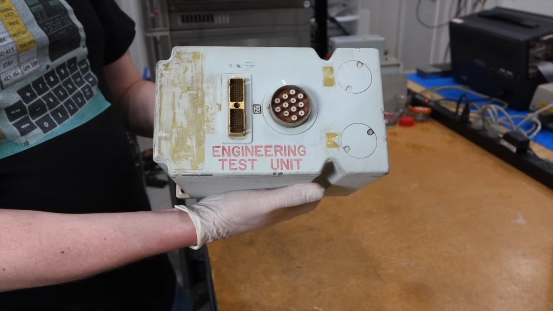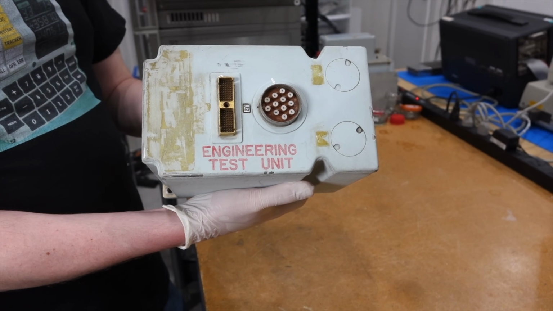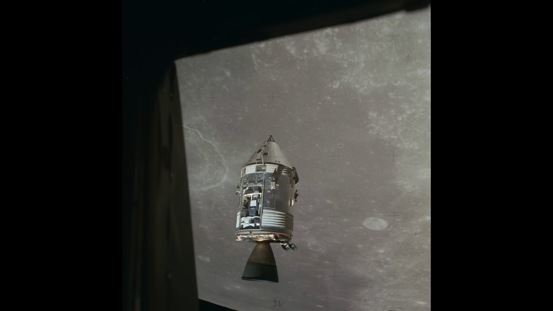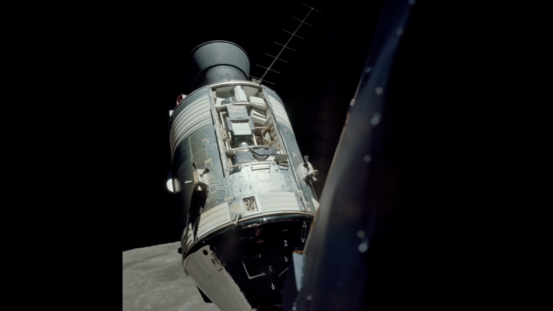The CTE produced reference frequencies, timing pulses, and second ticks used throughout the spacecraft. It also provided the mission clock, both in parallel and serial form, which was used to timestamp every telemetry message sent back to Earth and to sequence automatic events in the SIM bay, the service module bay with all the external scientific equipment.